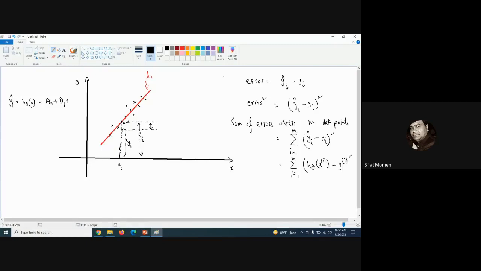Can I not write it this way? It's the same thing. I've written Y hat as h theta x, nothing else.